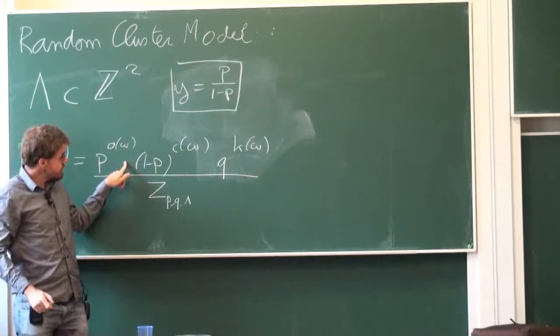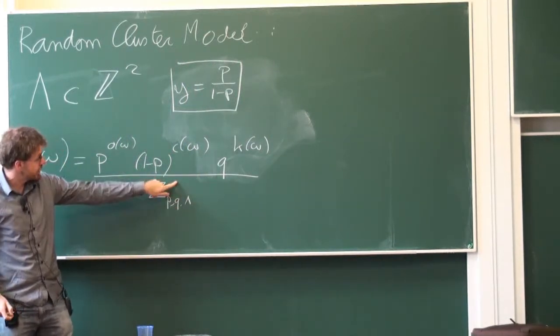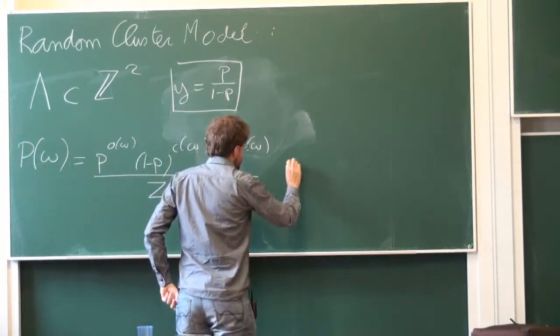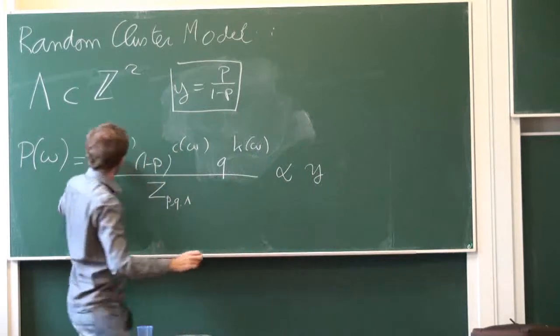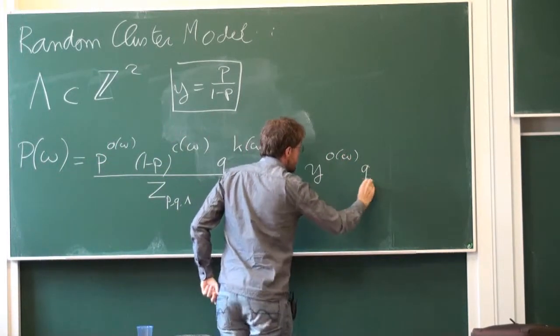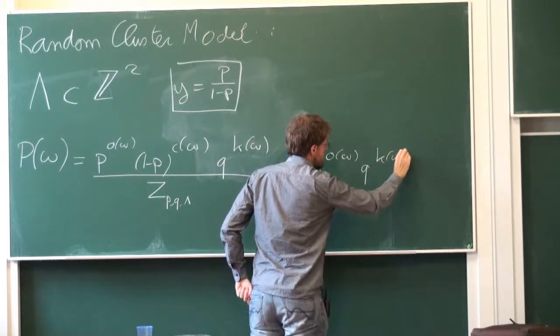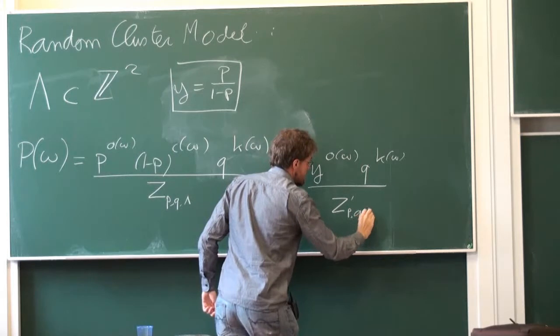If you rewrite this, up to a change in the definition of the partition function, it is proportional to y to the number of open edges times q to the number of connected components, again divided by some partition function.